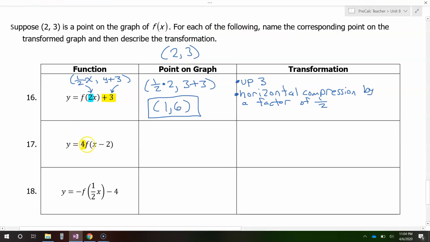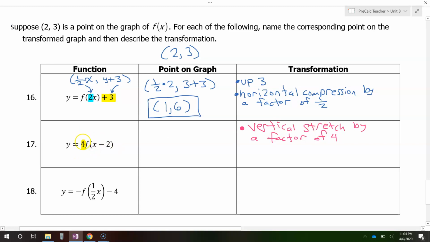This is going to be a vertical stretch by a factor of 4. The things that are happening to the y values outside the function happen just the way you would think. If it's bigger than 1, it's going to be a stretch. If it's less than 1, it's going to be a compression.